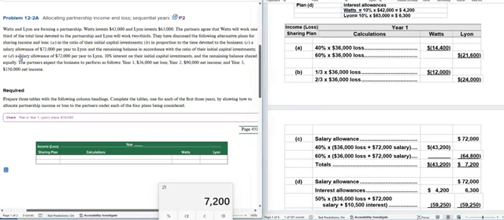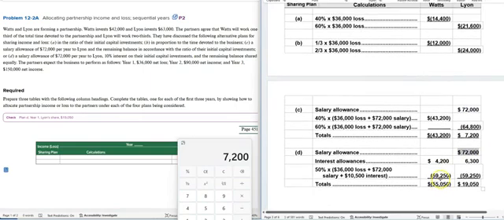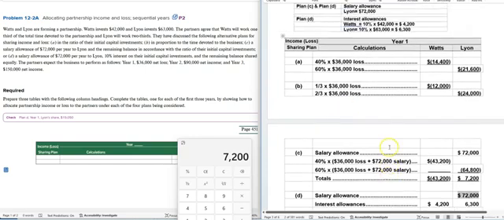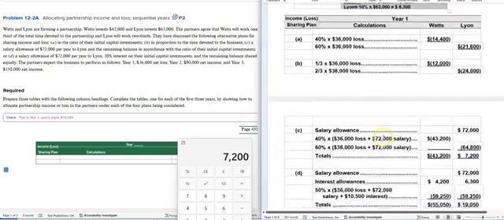Finally, if we do the salary allowance plus 10% interest, $72,000 we're going to allocate to Lyon for the salary. Then we're going to allocate 10% interest, $4,200 to Watts, $6,300 to Lyon.